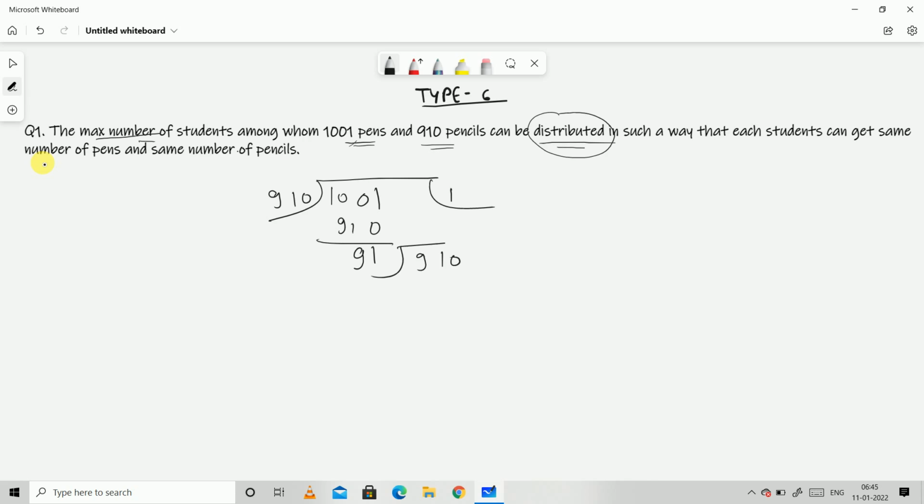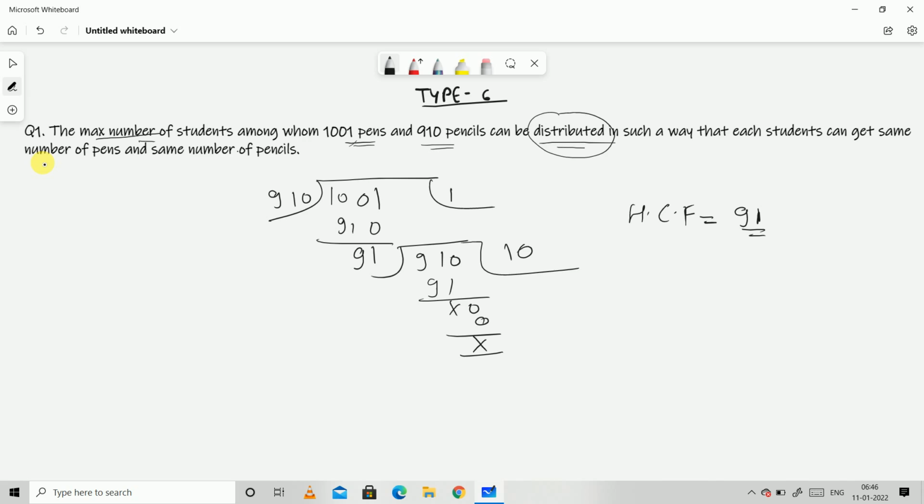Then again the remainder will become the next divisor and this will go 10 times. Now there is no remainder. So what is my HCF? We keep doing the division till we get 0 remainder, right? I have taught you the division method in the previous videos. So 91 is my HCF.